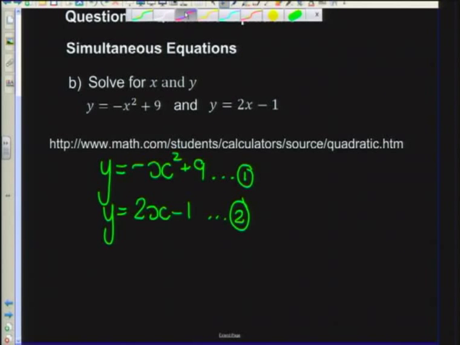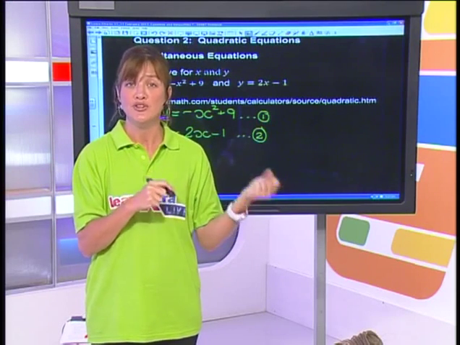Now, this requires very little manipulating because on my left-hand side, my first equation is equal to just y, and on the second equation, the left-hand side is also equal to y. So if they're both equal to y on the left-hand side, what's on the right-hand side would then also have to equate to each other.